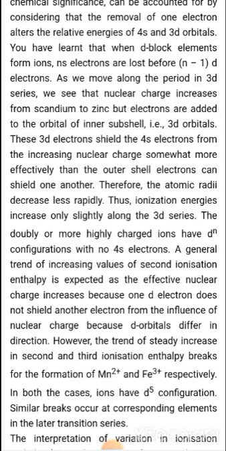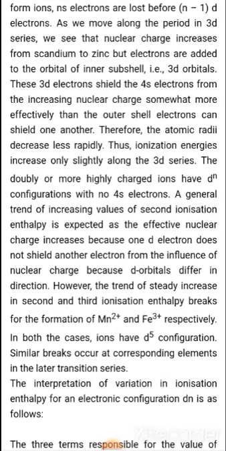But once the 4s electrons have been removed, now we have to remove the electrons from the 3d only. Because 4s now has 0 electrons, one electron which is present in 3d will not properly shield another electron present in the 3d orbital.